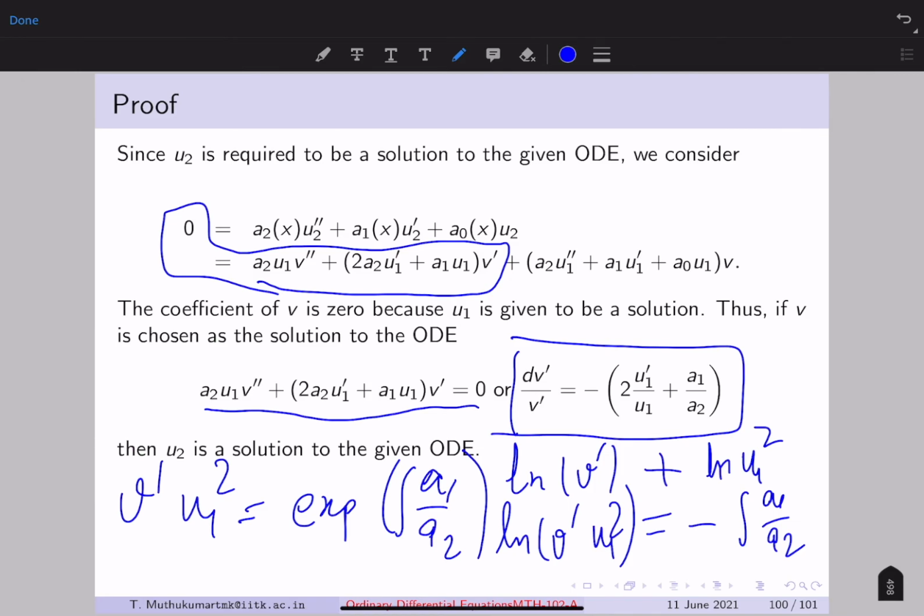But what you want is to find v, so remove the u1 square from here, divide both sides by u1 square. Now you have v prime, so you integrate again, so what you have is v as the integral.